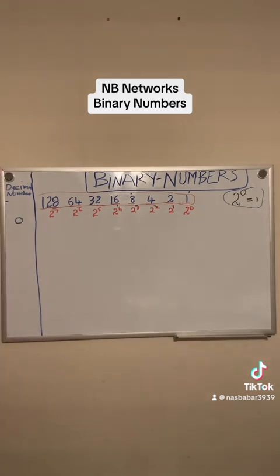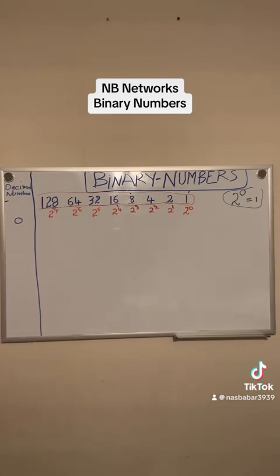In the case of binary numbers, you have only ones and zeros. You play with only ones and zeros. You will notice that sometimes I would say 1 is on, 0 is off. So off is 0, on is 1.